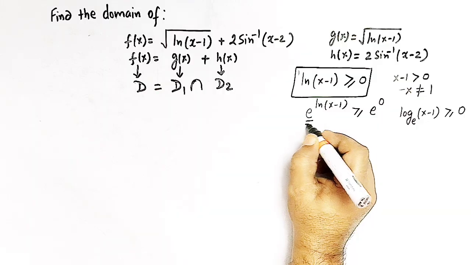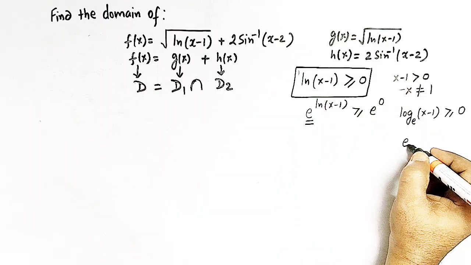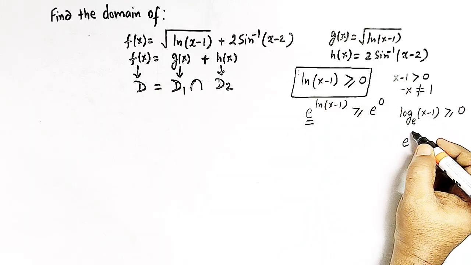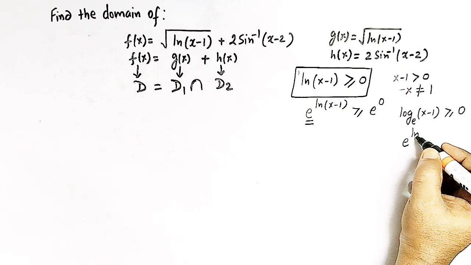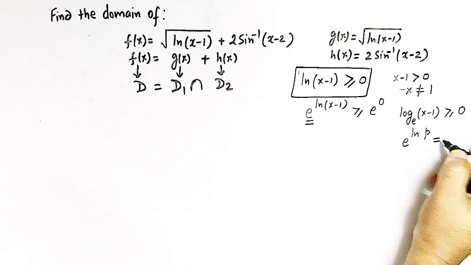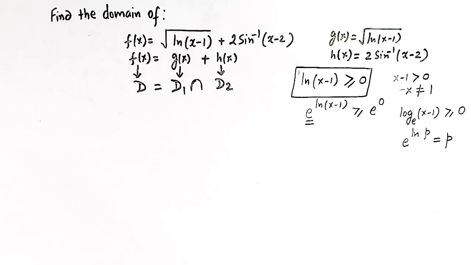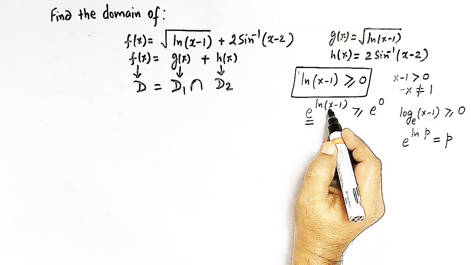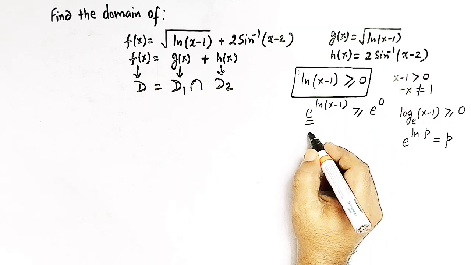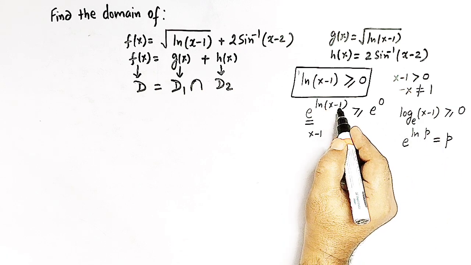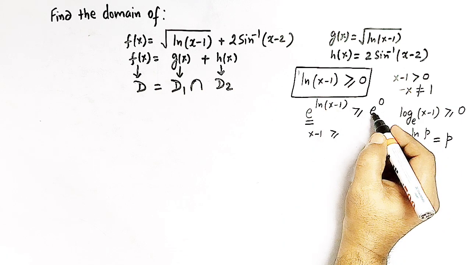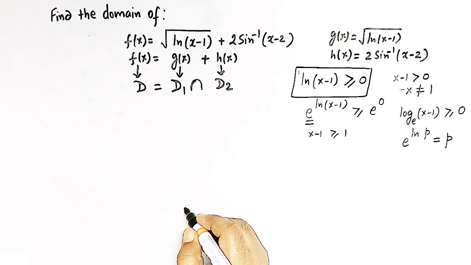Now here we have to make use of this identity, or this result, that is e raised to natural log of p is equal to p, right? So here we have simply x minus 1, because for p we have x minus 1, and here we have e raised to 0, that is equal to 1.